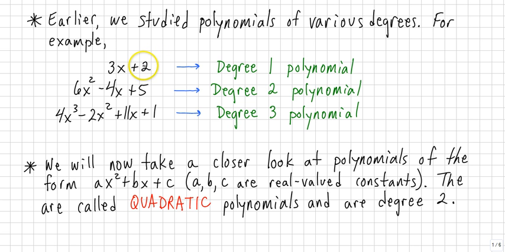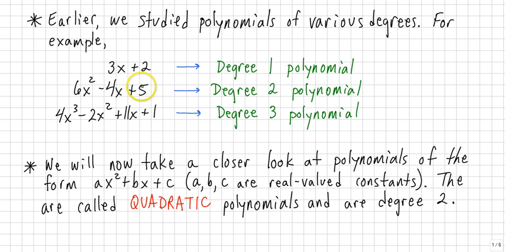And the degree of a polynomial is the same as the highest degreed monomial that it contains. So since x to the first, degree 1, is our biggest degreed monomial, that's going to be the degree of the polynomial. So 6x squared minus 4x plus 5.